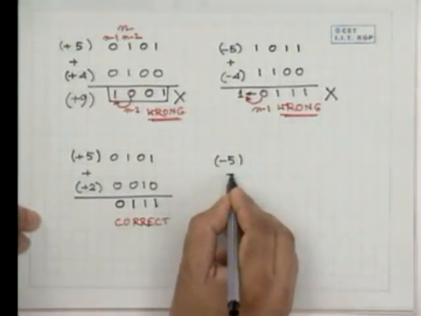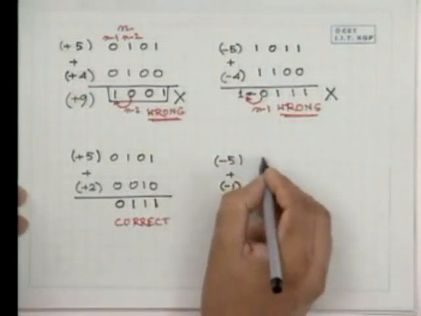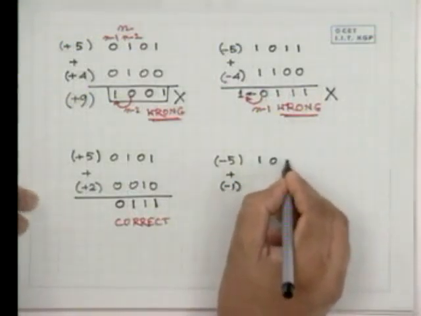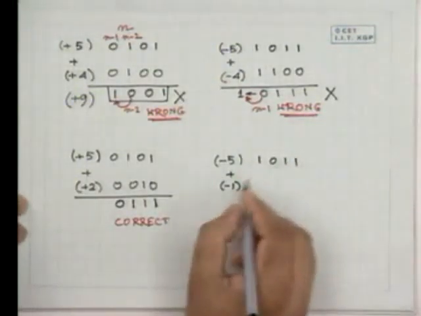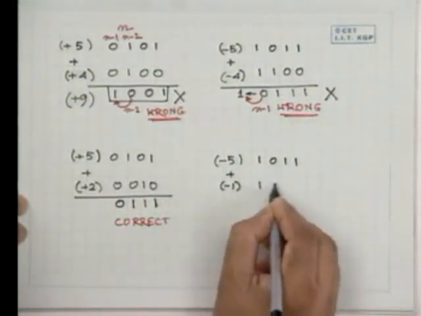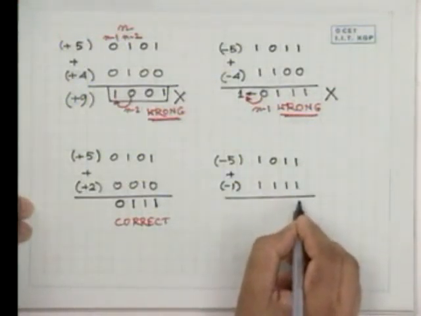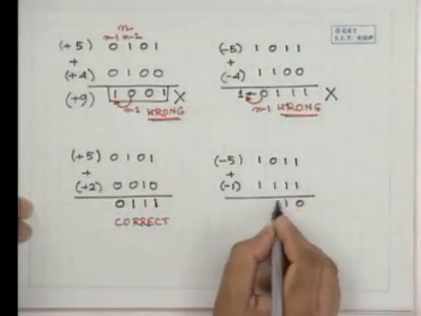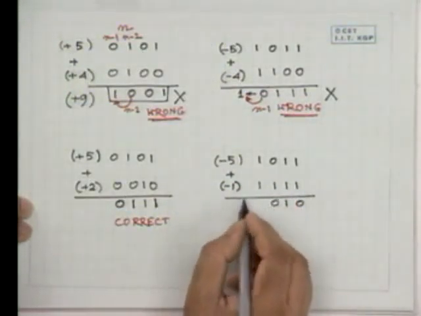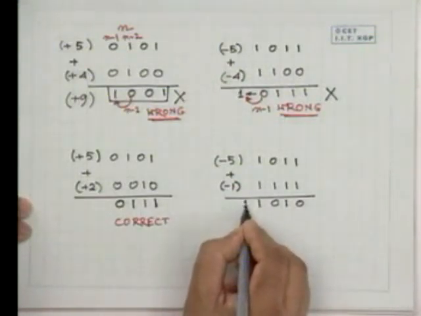Similarly, let us take say minus 5 and say minus 1. Okay. 1, 0, 1, 1 is minus 5 in 2's complement, and minus 1 is 1, 1, 1, 1, and if we add them we get 0, 1, 0, 1 and a carry comes out of this bit.